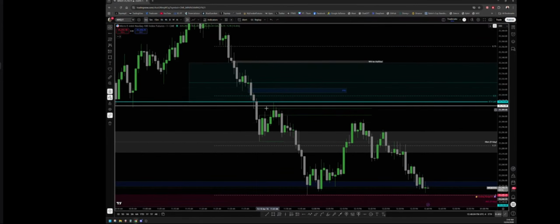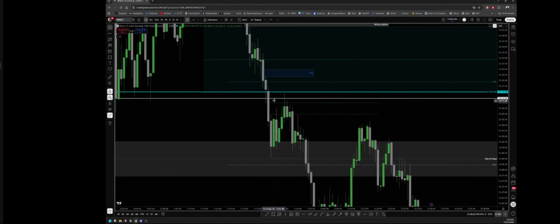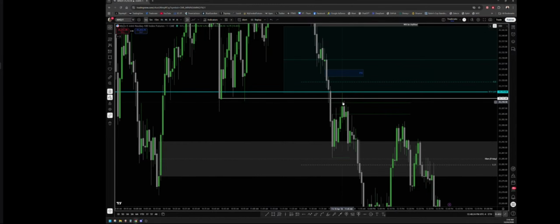But let's say this was my entry area, this one. Try to take it at the 50%. Not every time you will see it going for the high. It had the reason. I trusted the reason. That's why I got my entry.